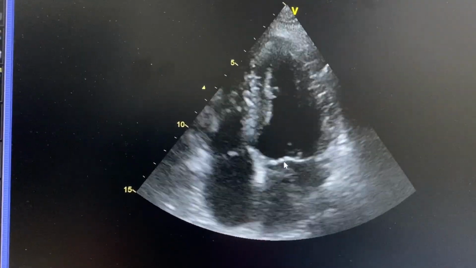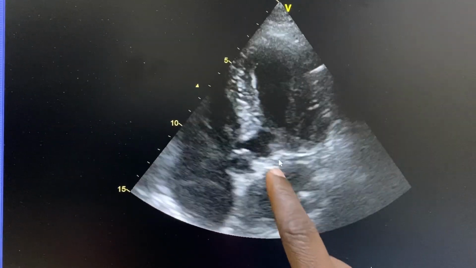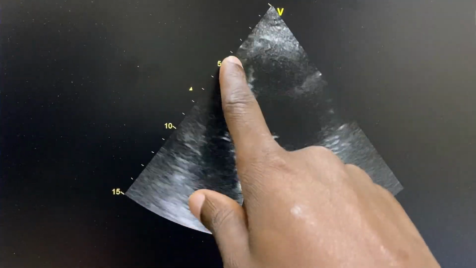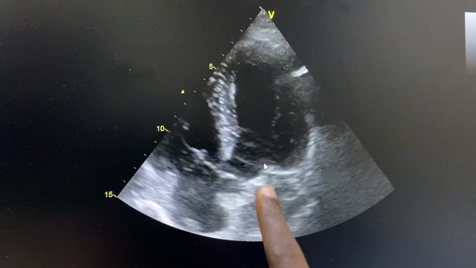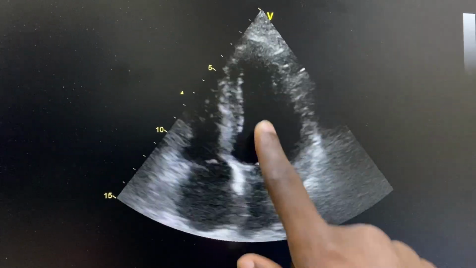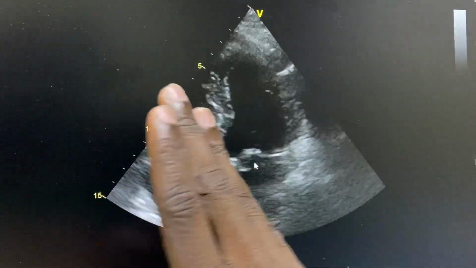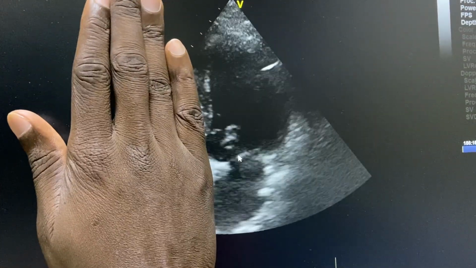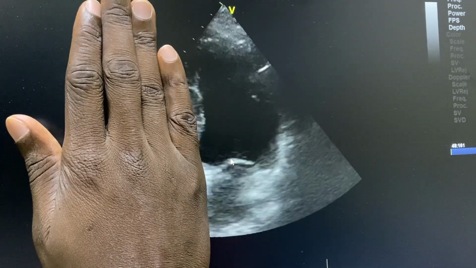But just know, in 2 chamber, we always assume that this part is not there. The right ventricle and right atrium, they are not there, and whatever we see, it is left atrium and the left ventricle. If it is like that, we close these ones, and we only consider left atrium and left ventricle.